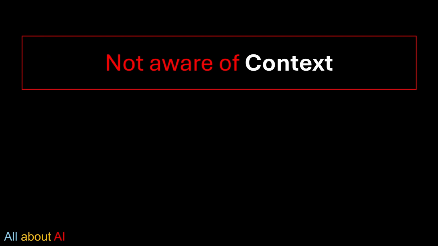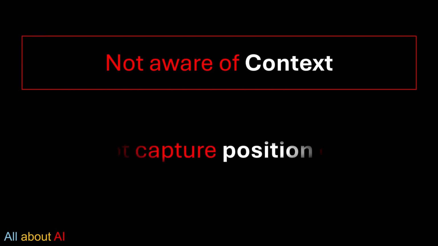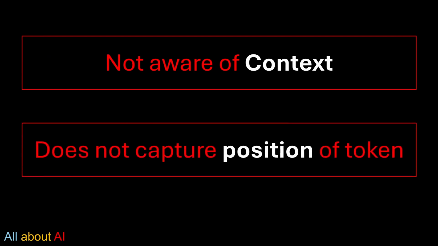While static embedding brought a revolution in the field of NLP and is extremely important in the LLM training pipeline, it still has two limitations. It's not aware of context and it does not capture the position of the token. Context we'll cover in the next video, when we share the idea behind the attention mechanism and various concepts and architectural considerations for transformer architecture.